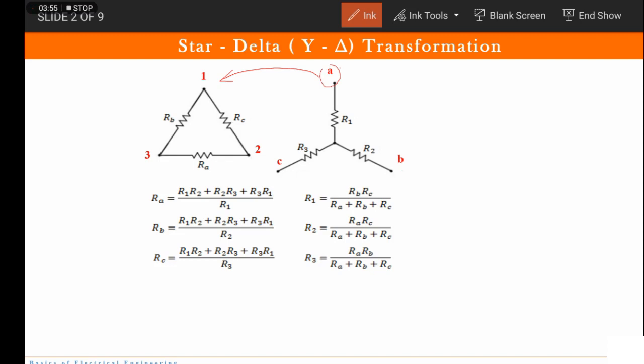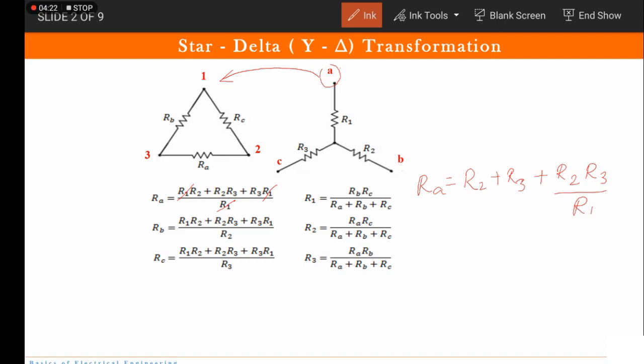Now if you closely see, this R1 is common in two places. So basically what happens to RA? Your RA becomes R2 plus R3, plus R2 R3 upon R1.